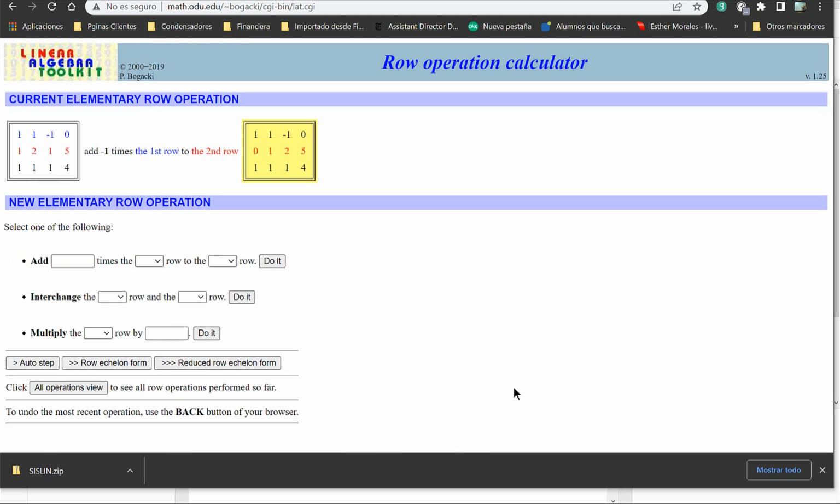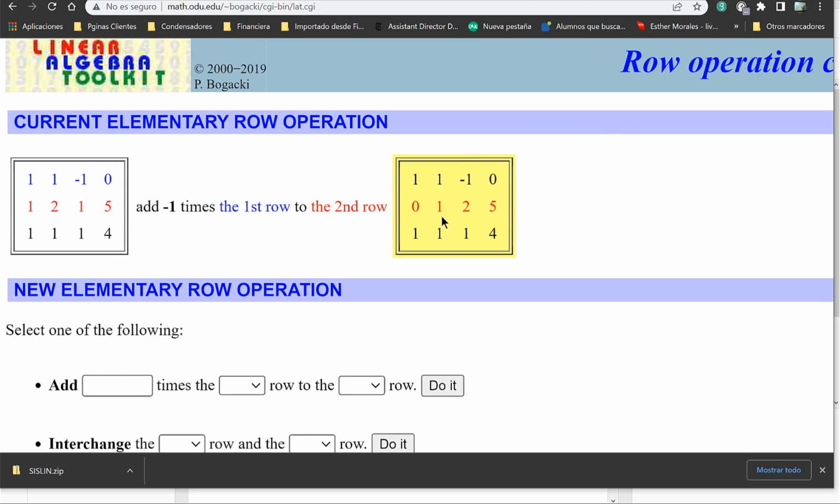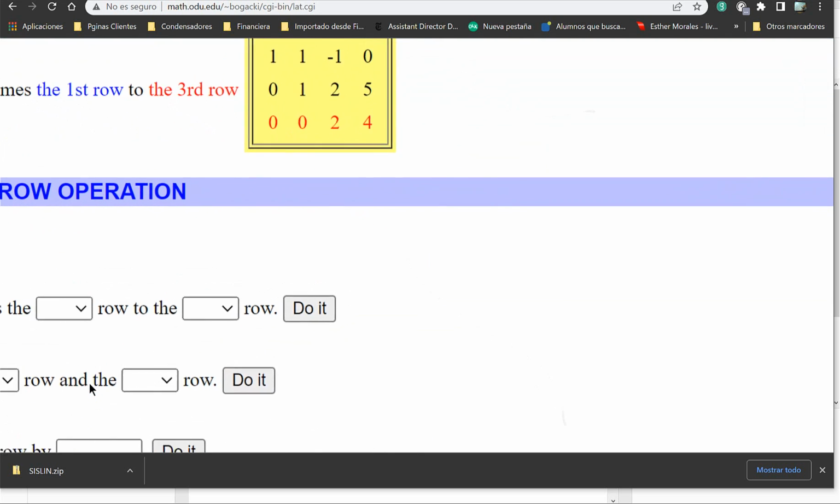Let's do it. There is the 0 there. And again, if I add minus 1 times the first row to the third, I'll get a 0 here. Do it.